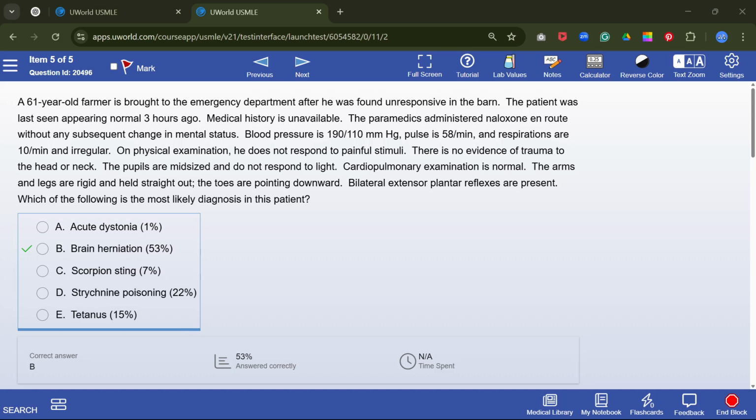Arms and legs are rigid and held straight out. Toes are pointing downward, and bilateral extensor plantar reflexes are present.